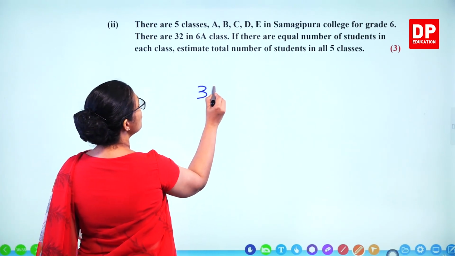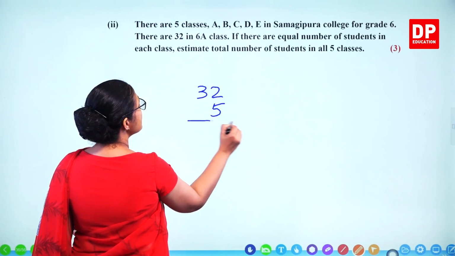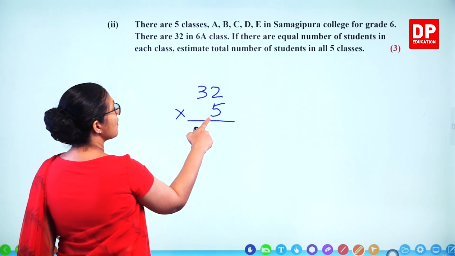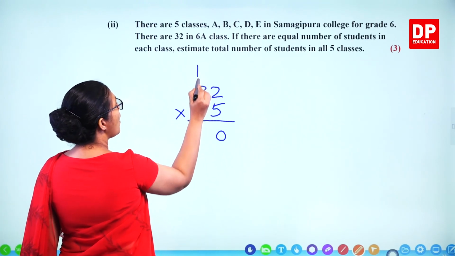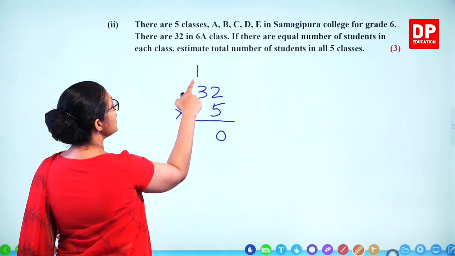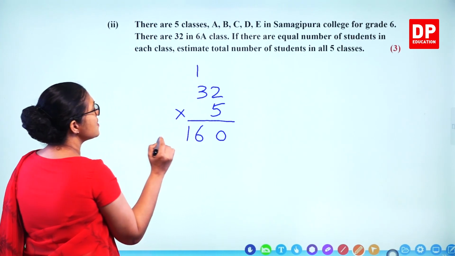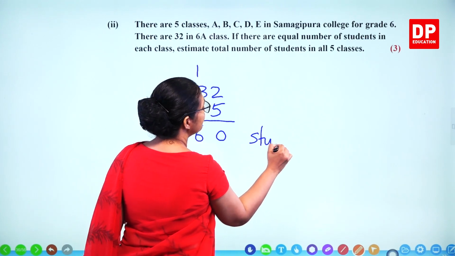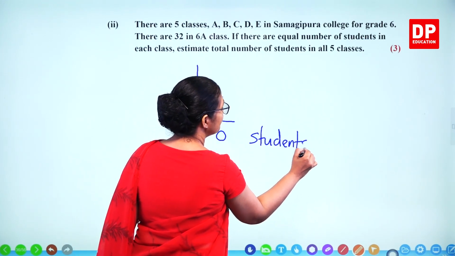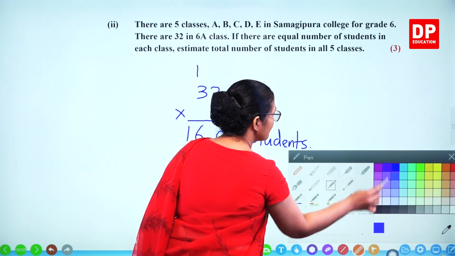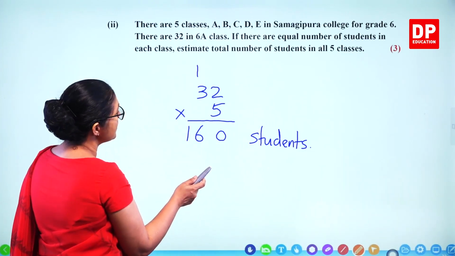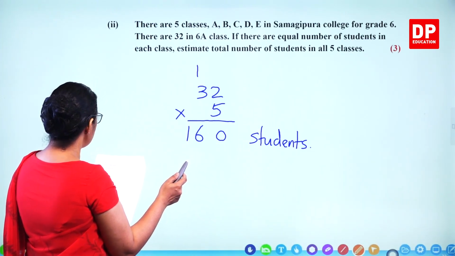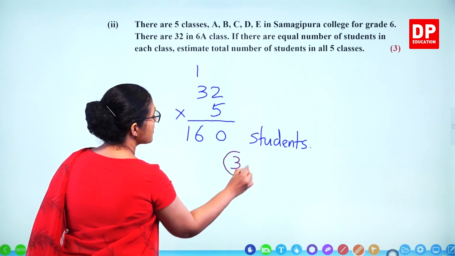Each one 32, 5 classes are there, so you multiply. 5 times 2, 10, 1 remaining. 5 times 3, 15 plus 1, 16. 160 students. So you get 3 marks there.